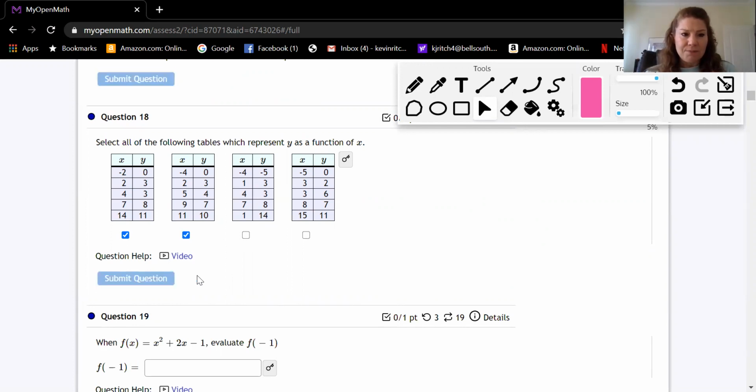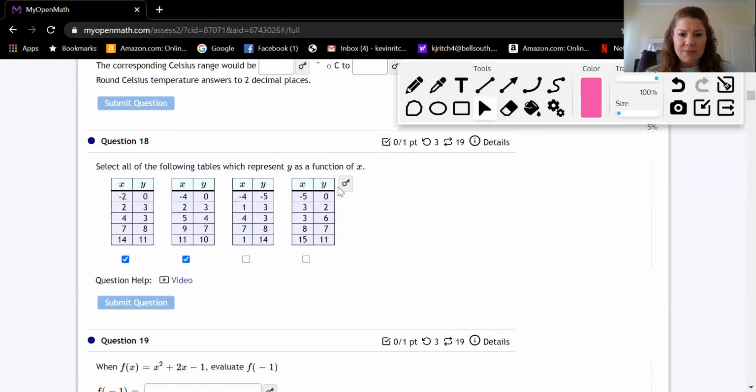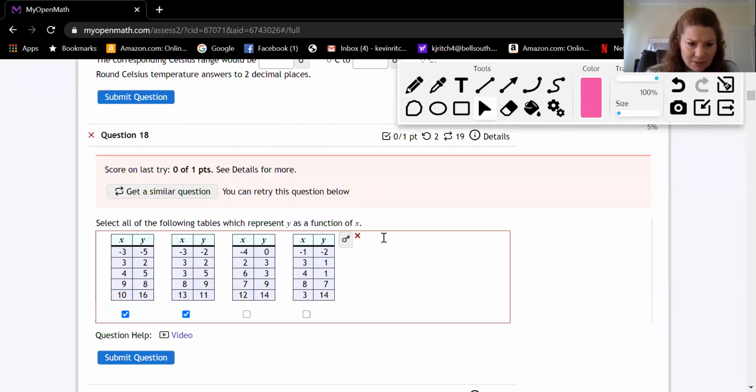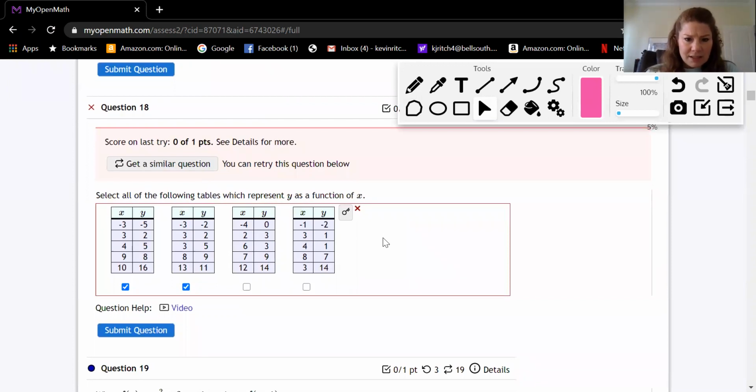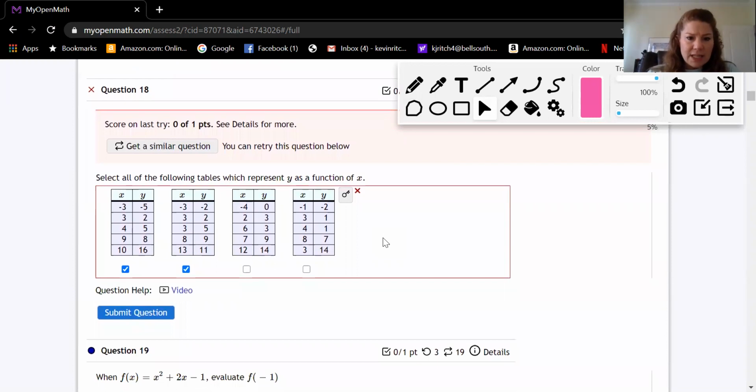So the first two. All right, I guess we don't get to check that one. Oh, we do. Uh-oh. Select all of the following tables that represent y as a function of... oh, the second one's not a function.